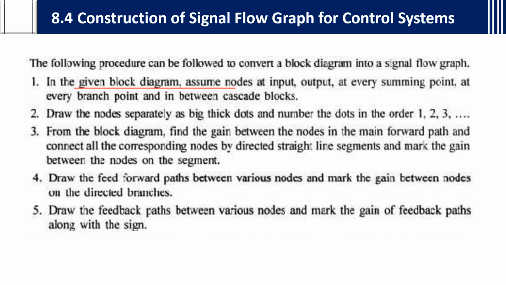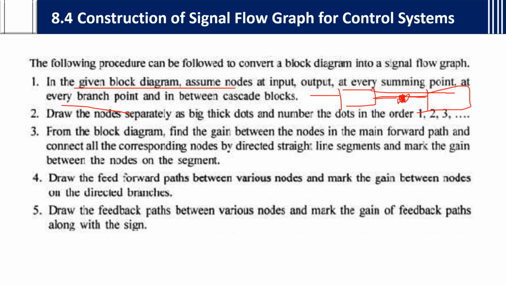Assume nodes at the input and output initially, at every summing point, at every branch point, and in between cascade blocks. In between the cascade blocks means, for example, if there is a block like this and there is a block like this, in between these blocks also we need to consider a point. Why? Because there will be an output coming here, again going as input.